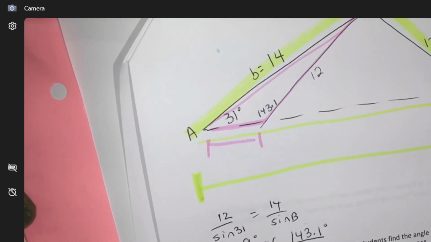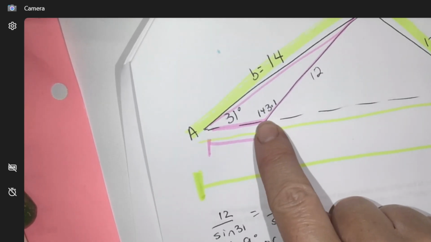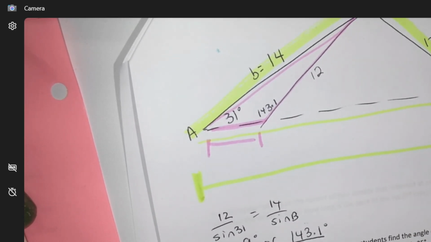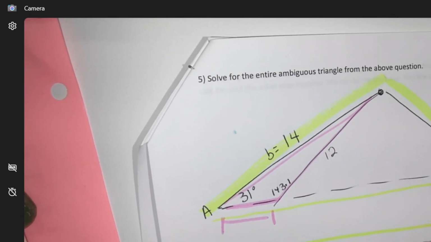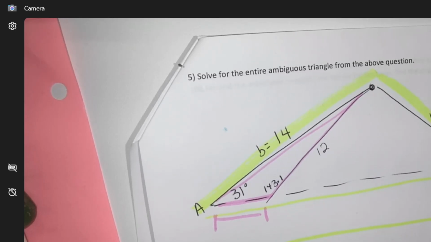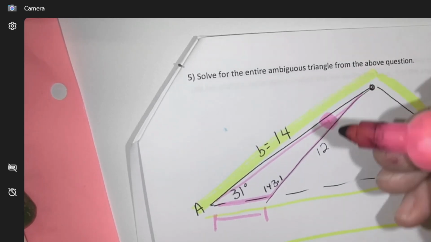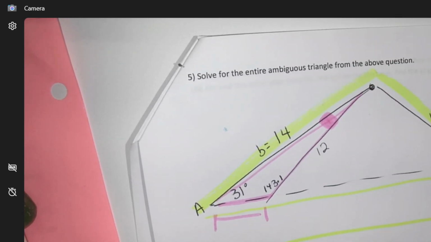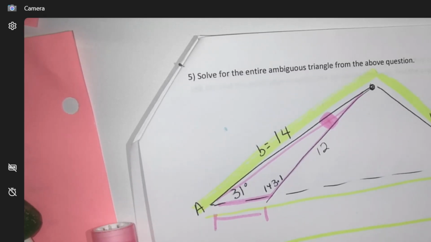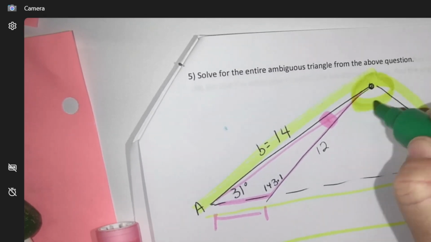So make sure your drawing is showing that. So I can see in my drawing bigger and smaller. Okay, I need you to now get the last top one in the pink and the last angle in my yellow.